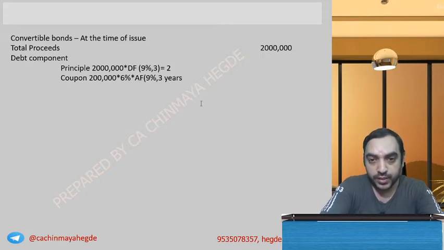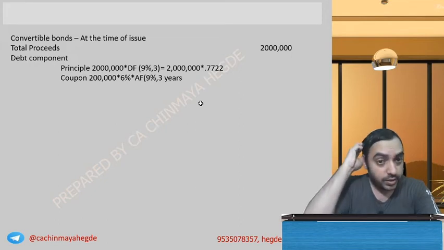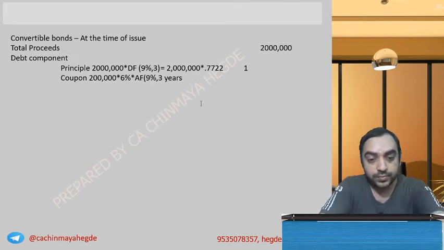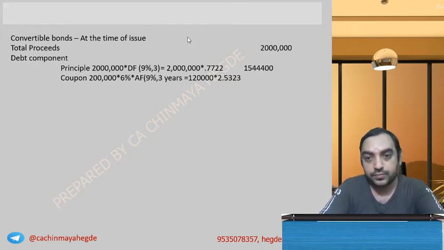This 2 million multiplied by 0.7722 will give you 15,44,000, and 1,20,000 divided by 0.5313 gives 3,03,756.